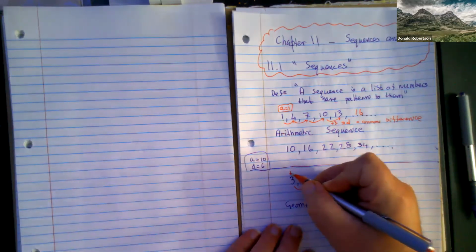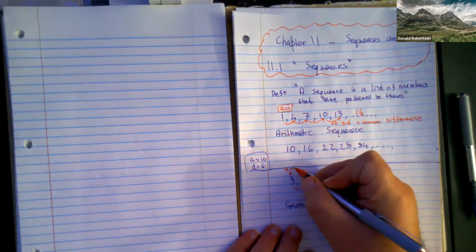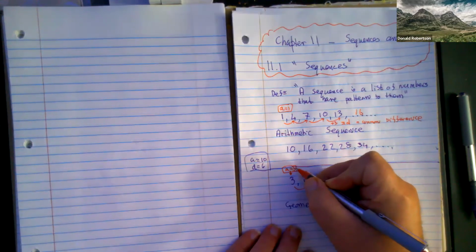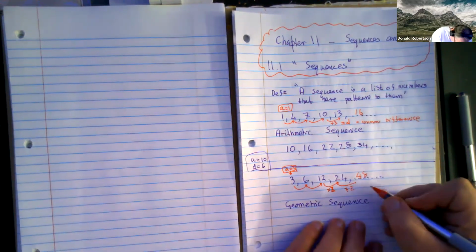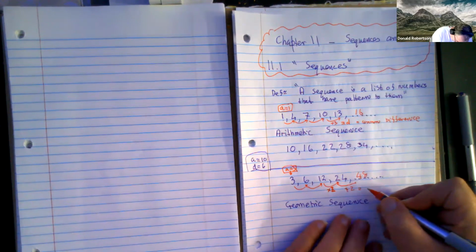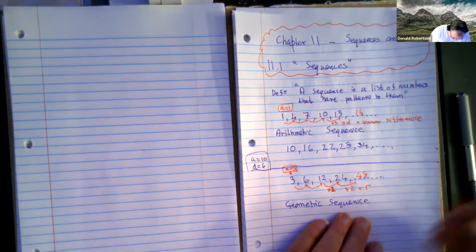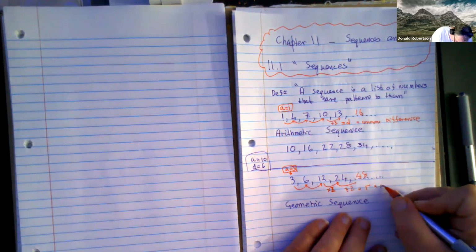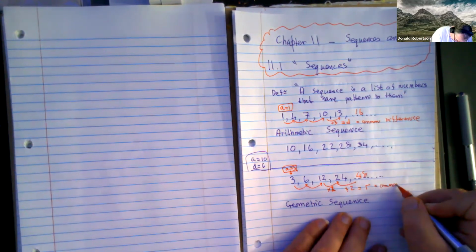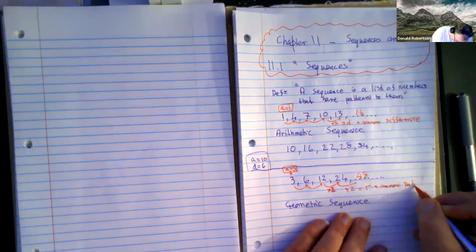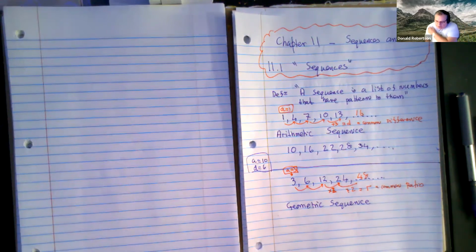And we have a naming system. The first number is called A, and the number that you multiply by, in this case 2, R is the letter we use, and it's called the common ratio. Those are two of the most common sequences that you will meet in all sorts of situations.